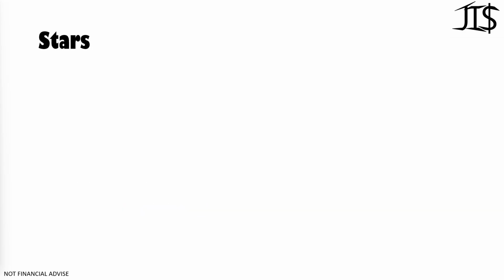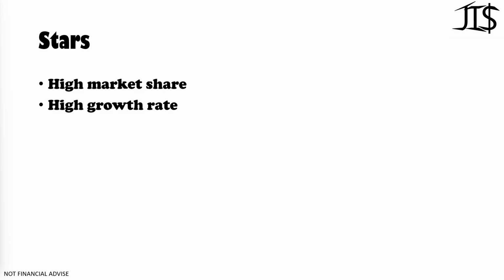Then you had the stars, which have a high market share and a high growth rate. They devour money as well, so they reinvest a lot of the cash that they generate again in their own firm in order to keep growing as they do.